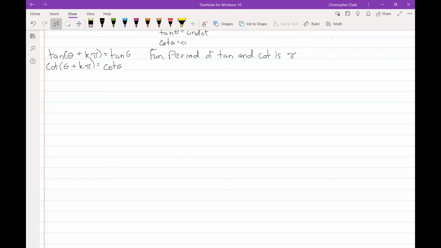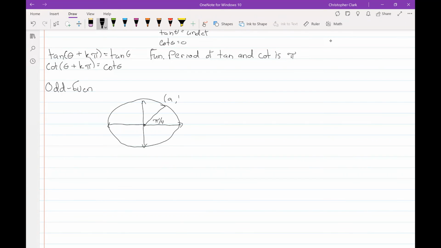So let's draw us a quick circle and play around with some values. Often do our unit circle here. And let's see what happens. So supposing that I choose pi over 4 and I get some a, b. Now what happens if instead of pi over 4 I go negative pi over 4?